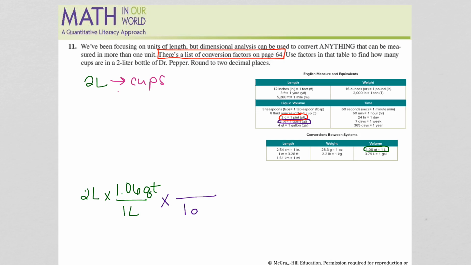So 1 quart is the same as 2 pints. And last we have that 2 cups is 1 pint. So 1 pint is 2 cups. Okay?